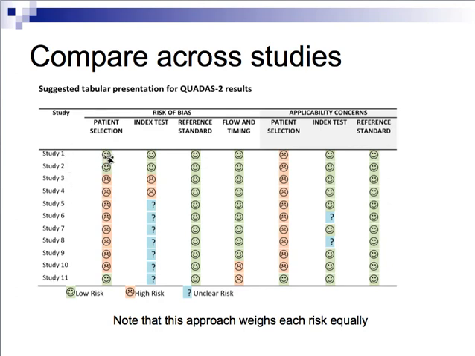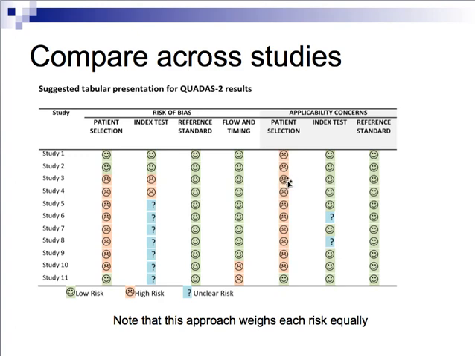And you could look here quickly and say, well, study 1, they had good patient selection, their index test was adequate, the reference test was good. However, in the applicability, there's some bias introduced in terms of the spectrum of patients, but the index and the reference standard are good. So that would get a, let's see, 1, 2, 3, 4, 5, 6 of 7 as positives, right?